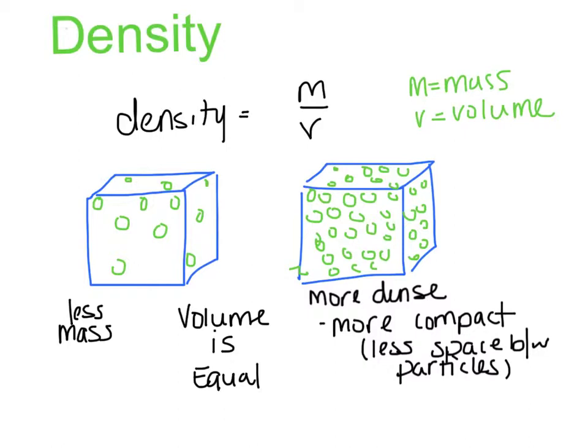Good, less mass, more mass. What I like about what you're talking about here, Adam, is the formula, the whole definition behind density, right? So it's mass per volume. The volume's the same, so that's not a factor, right? It's equal for both of them. But this one has less mass, and this one has more mass, meaning more particles.